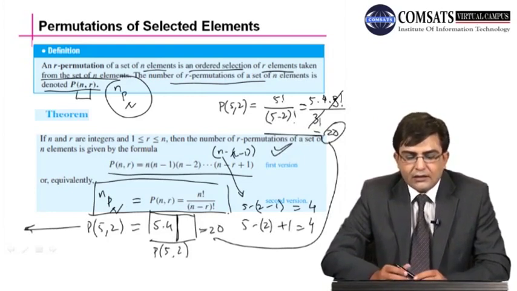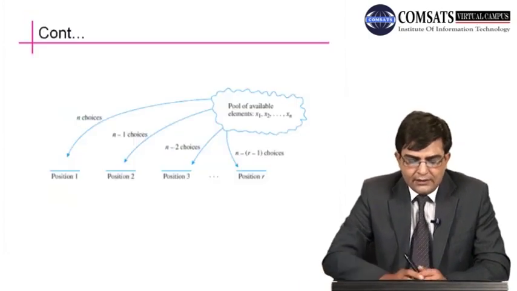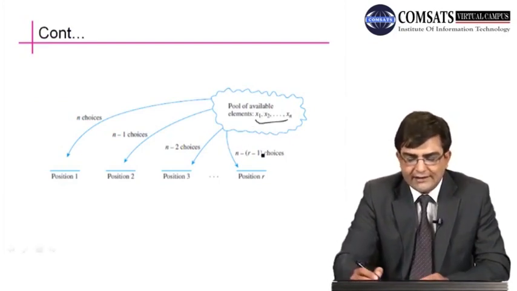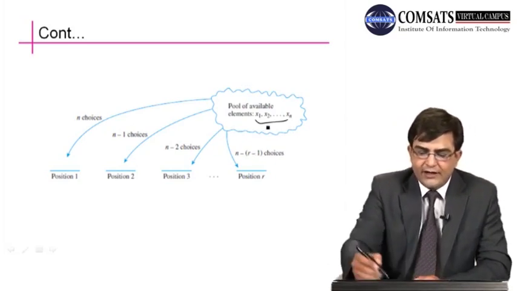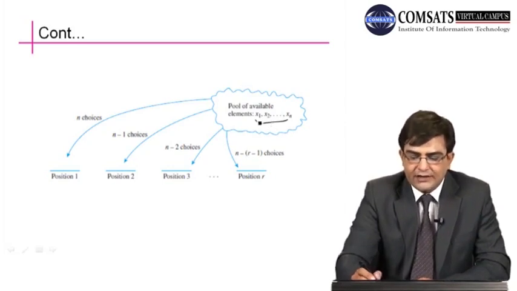So this is how we can calculate permutation of selected elements. Suppose that we have n elements x1, x2, so on up to xn, and for the positions we have to arrange r elements out of these n elements.